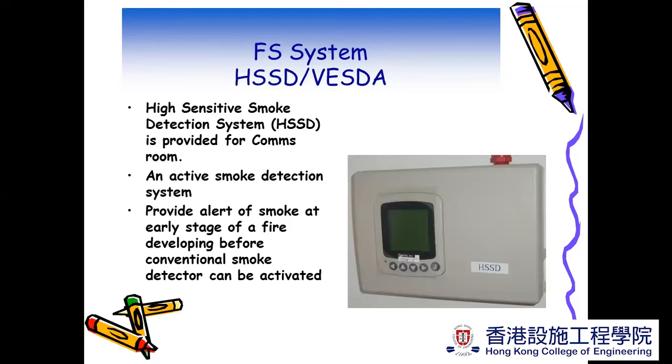The HSSD, sometimes called the Vesta system, basically it is a kind of high-sensitive smoke detectors. It's an active smoke detection system because it keeps drawing air to compare with the standard data inside this panel. So it's an active system basically.